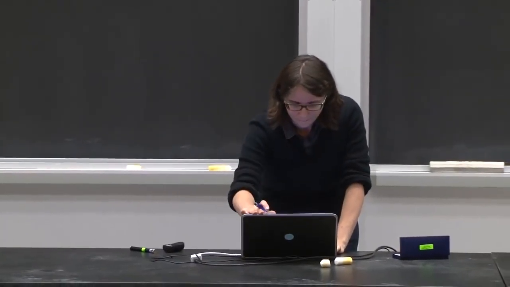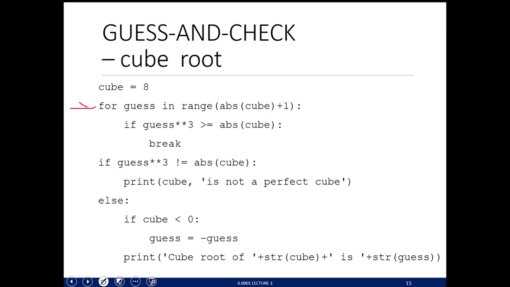So let's step through this code. We have, first of all, a for loop, just like before. And we're going to go through 0 to 8 in this case. We're using the absolute value because we might want to find the cube root of negative numbers.